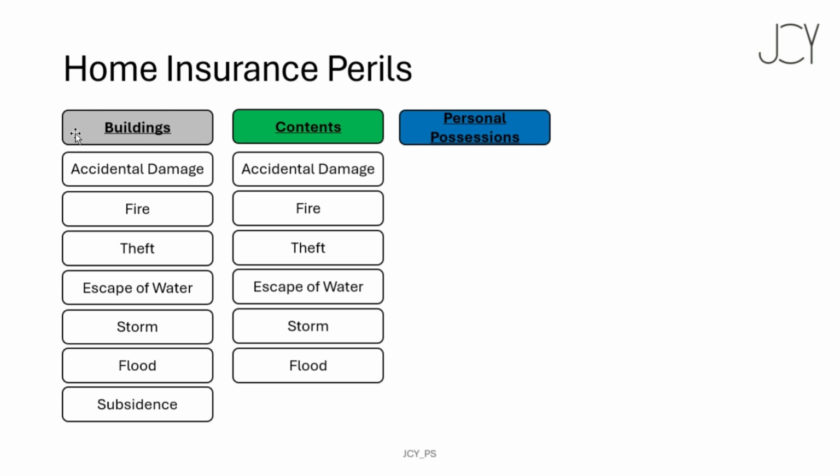So within each of these coverages, we have their perils. So accidental damage is a peril, fire is a peril, etc., etc. And as we saw in the previous slide, what we're interested in within a peril is to model its claim frequency and its claim severity.